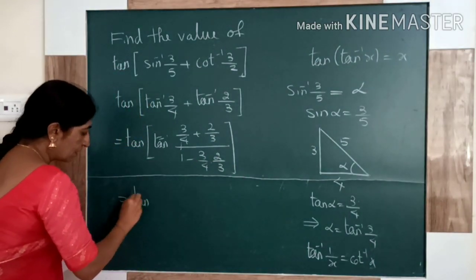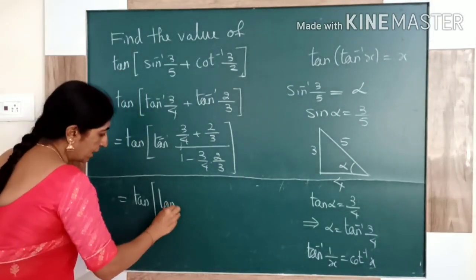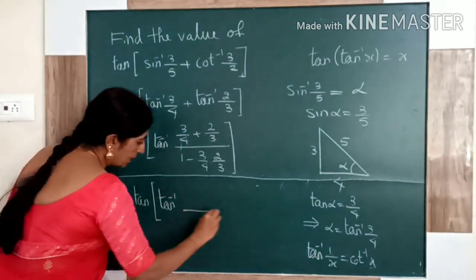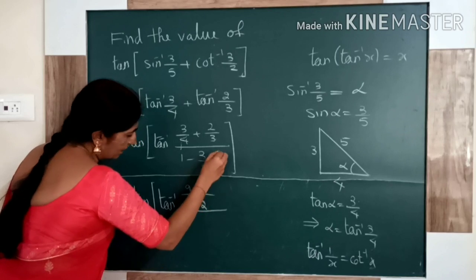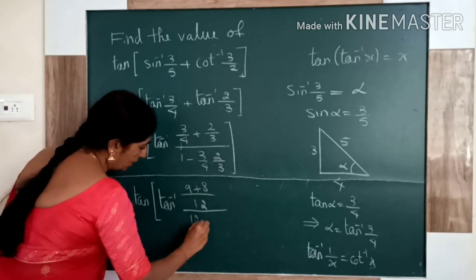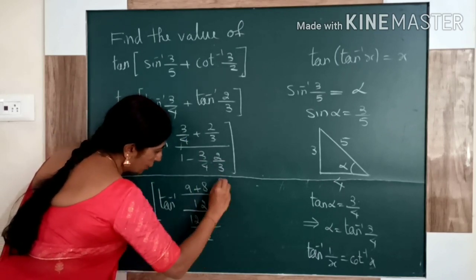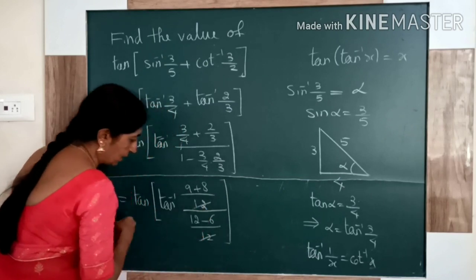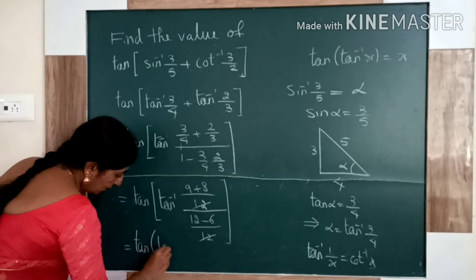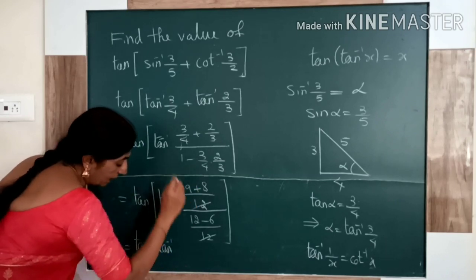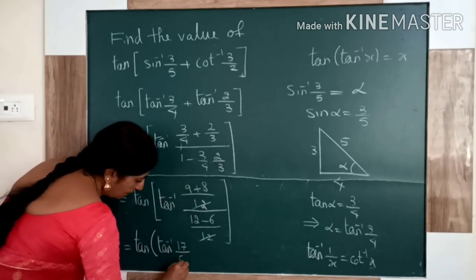Tan I kept as it is, this tan inverse also I kept as it is. Here I took the LCM 12, this is 9, this is 8. Here instead of cancelling directly I took the LCM, so your cancellation should be simple. That's why I wrote it as it is. Now it is tan of tan inverse of 8 plus 9 is 17, and it is 6.